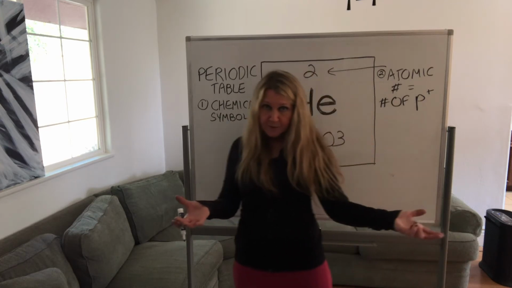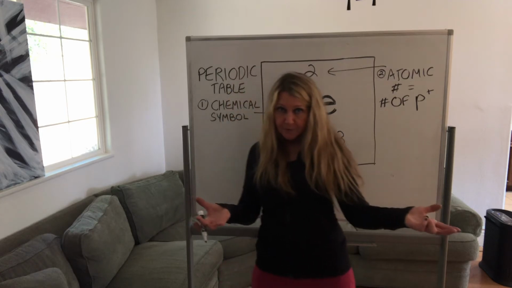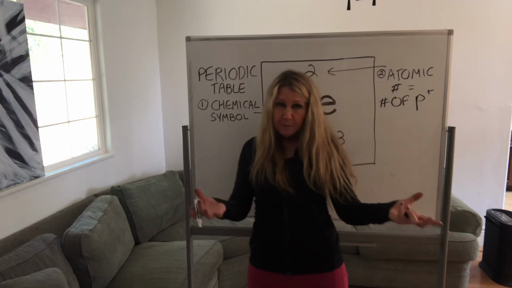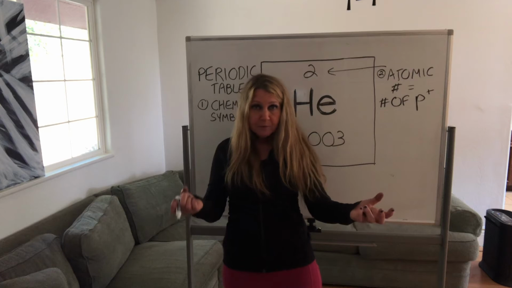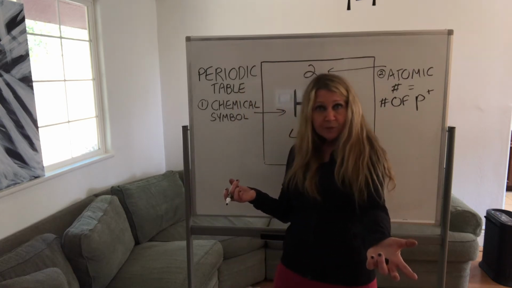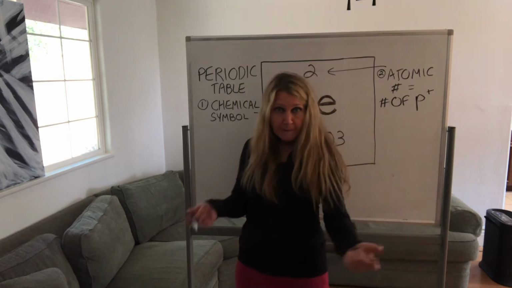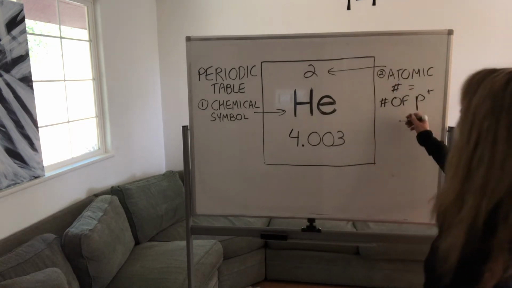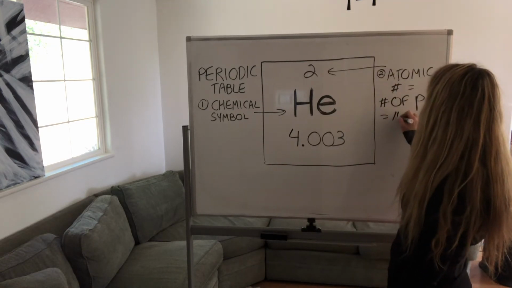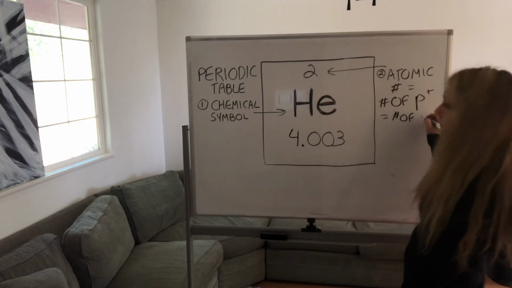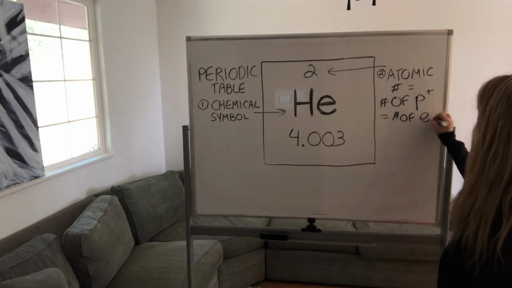The negative parts of the atom are electrons. So if we know how many protons the atom has, we can figure out how many electrons it has, because they're the same number. So this would also equal the number of electrons. And remember the symbol for electron, E, negative.